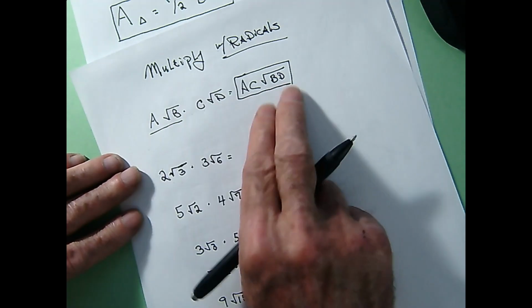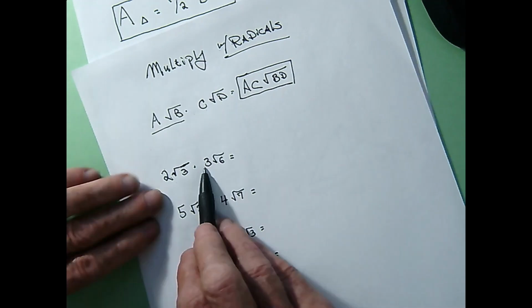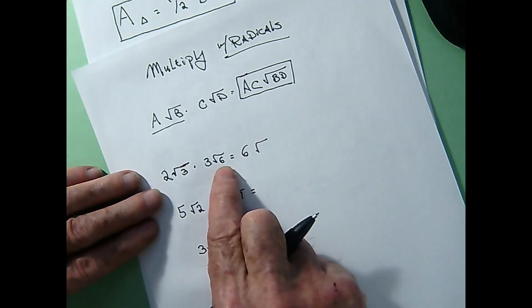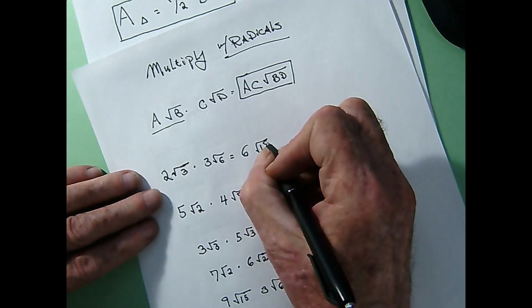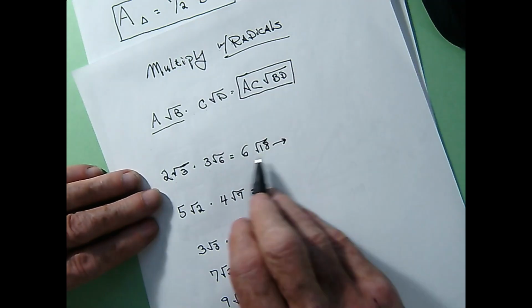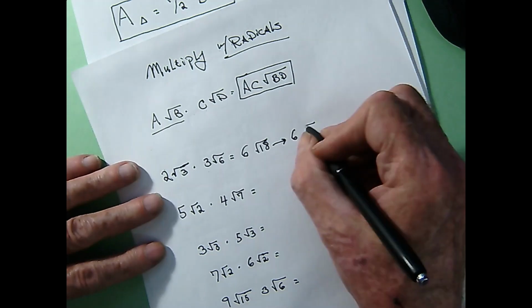To show what I mean by that, let's multiply a few right here. You would multiply the outside part, which would give us 6, and the inside part with the inside part, which would give us 18. And that's how you multiply with radicals. But look what this will allow me to do. This 6 square roots of 18. I hope I know what you're thinking. That 18, why, that's 9 times 2, isn't it?